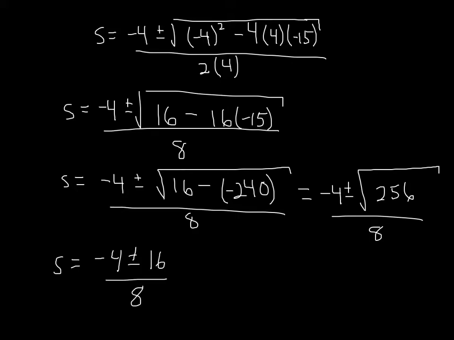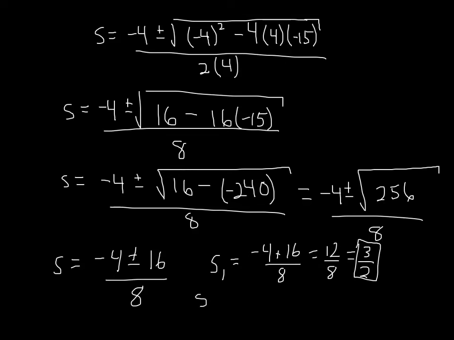So now I have two values for s. S1 can be negative 4 plus 16 over 8, which when we simplify that out gives us 12 over 8, which will be equal to 3 over 2 when we simplify that all the way.